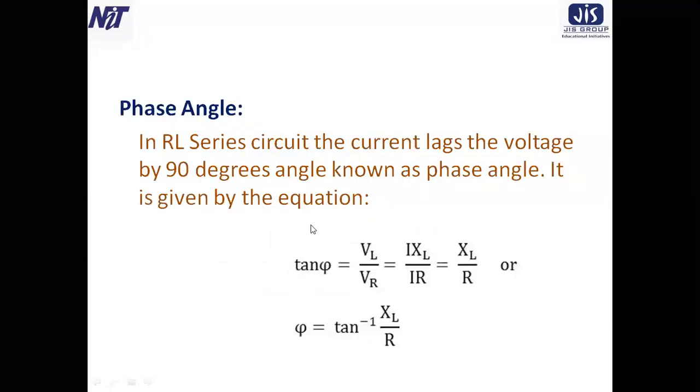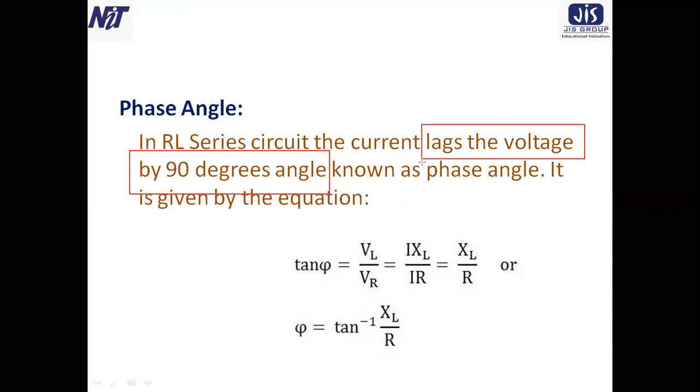Now phase angle, how can we find the phase angle? In RL series circuit, the current lags the voltage by 90 degree. The angle is known as the phase angle. It is given by the equation tan phi equals to VL by VR. Why is it VL by VR?